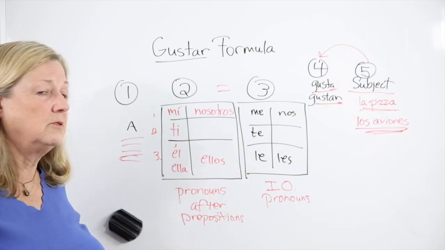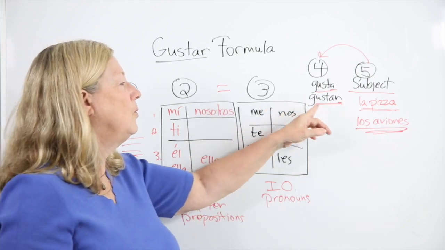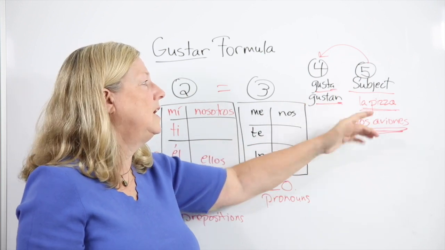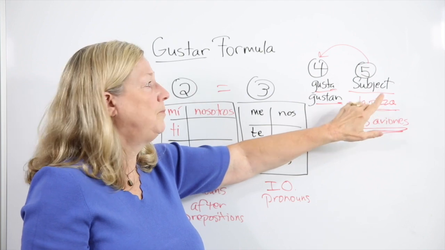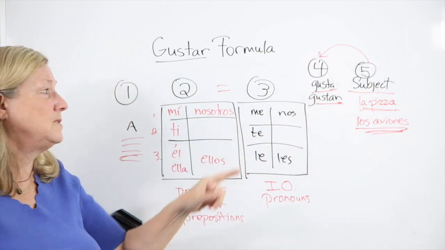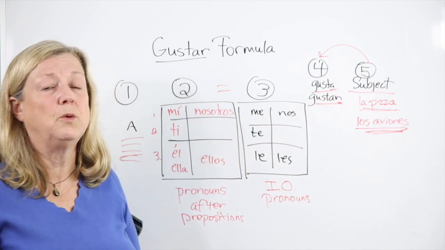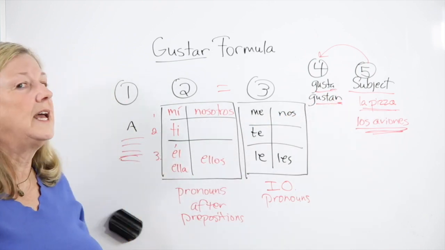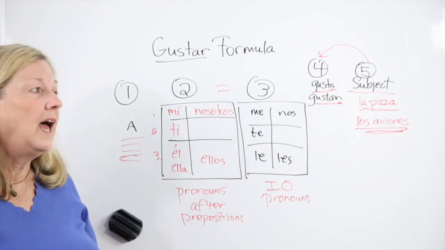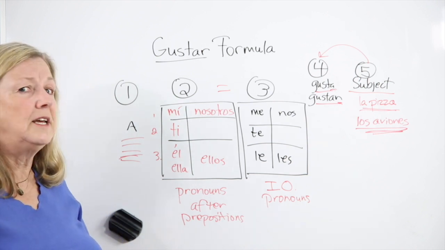They're me, te, le, nos, and les. And then 4 and 5, that's where your verb and subject are backwards, like it's Japanese or something. Subject is on the end. So subject, though, drives the verb. So you have to think a little in advance so you say the right thing here, because you know what's coming. But this is how you say I like something. A mí me gusta la pizza. A mí me gustan los aviones.